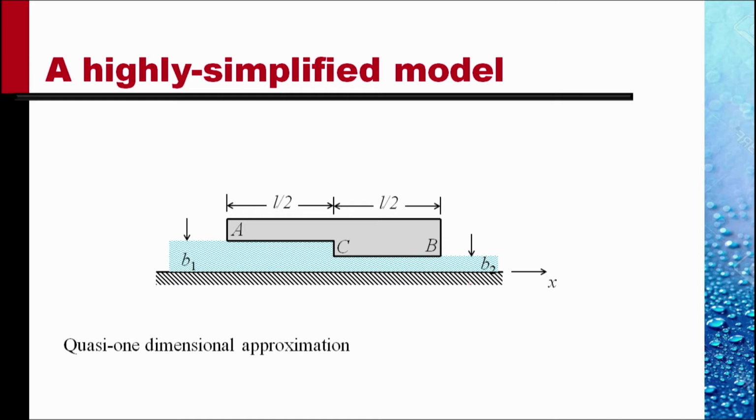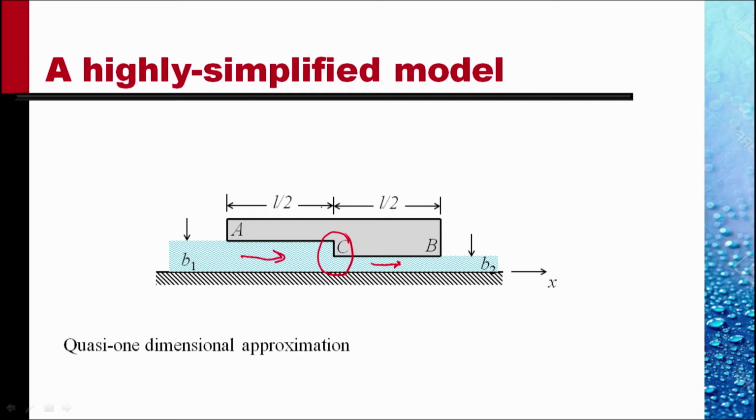Let both of them have equal length, L by 2 each. This is a quasi one-dimensional approximation. We assume the flow through each channel to be one-dimensional. Obviously, at the center, the assumption would break down and this would be quite complex.